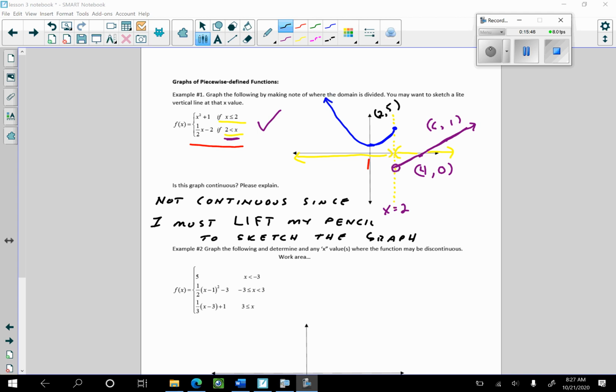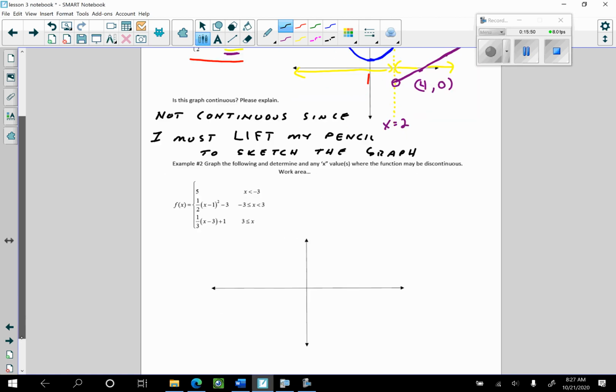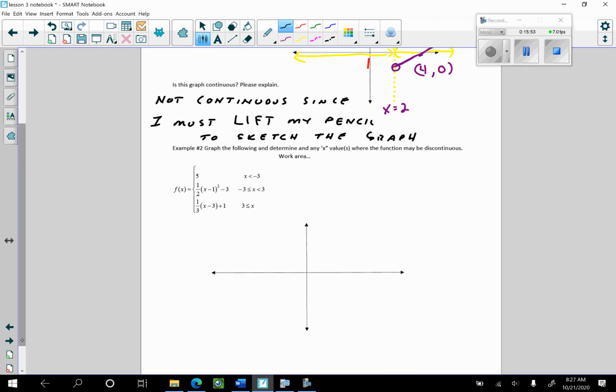Okie dokie. Example number 2. Graph the following and determine any x values where the function may be discontinuous. Step number 1. If I'm going to sketch that, step number 1, what will I do? Lily, do you know that?